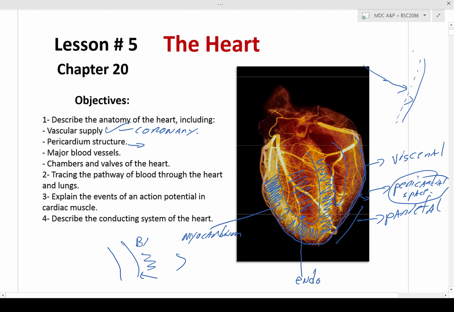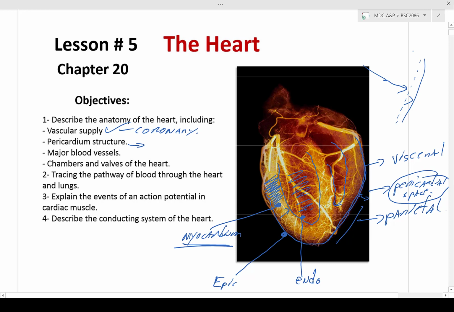Endo. Endo what? Endocardium. This section right here, which is the muscle, is called what? Well, we already call it, right? That is the myocardium. And the outermost is called what?